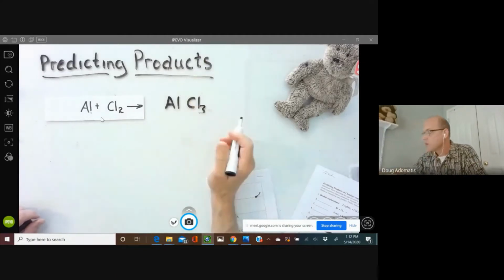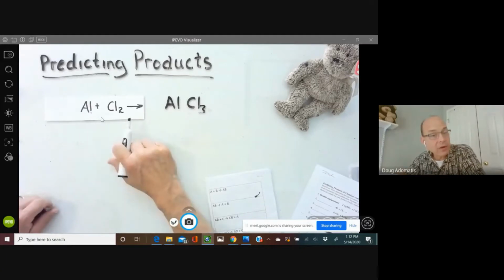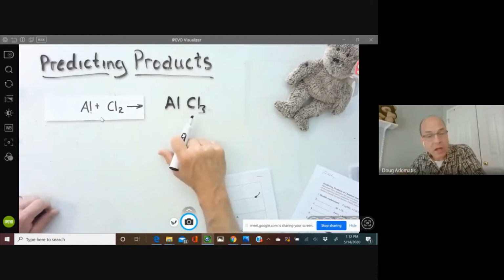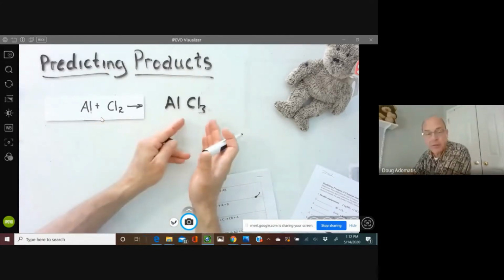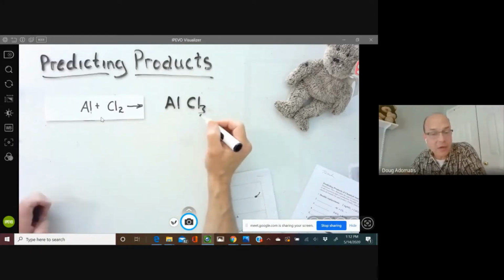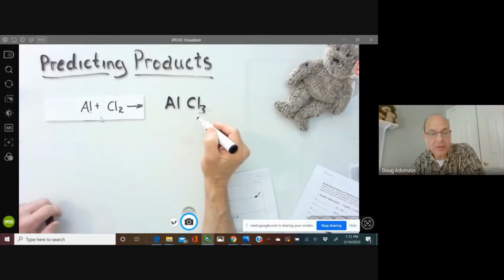So aluminum in an atmosphere of chlorine will create a new product called aluminum chloride. Notice I didn't just copy the subscript 2 from the chlorine over here. The subscripts have to be determined by what it takes to make a neutral compound on this side.